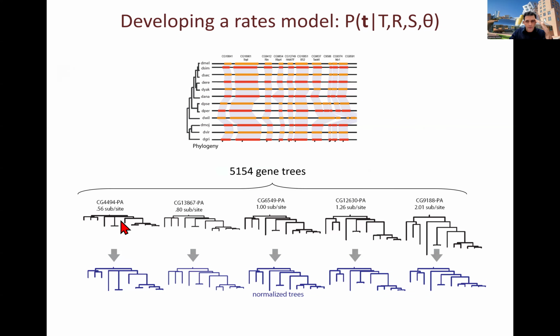So what did we notice? We noticed that as we took different genes in the Drosophila phylogeny of 12 species that we had, different genes basically showed a scaling that was uniform across all of the species. Why? Because some genes are very constrained and other genes are very fast evolving.